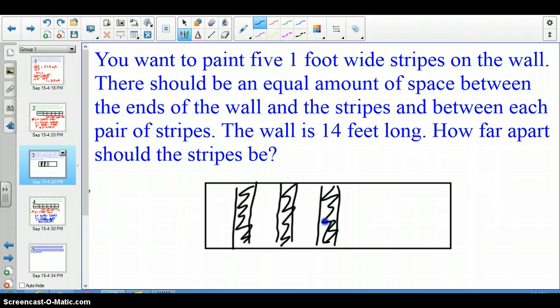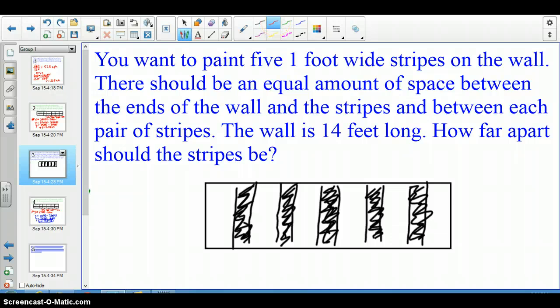So there's 3, 4, and 5. These represent the stripes of that wall. Now, each one of those is 1 foot long.